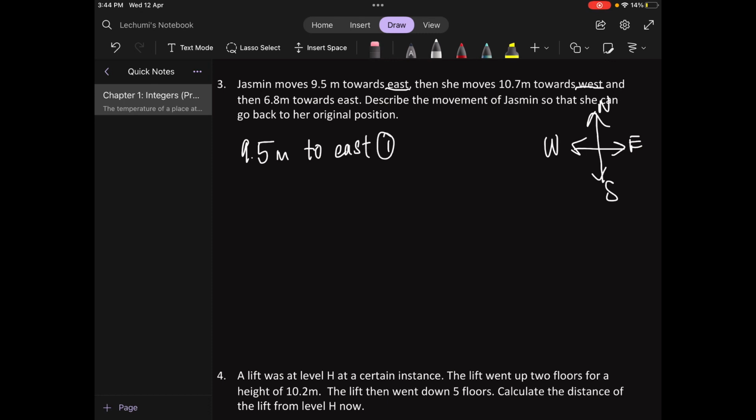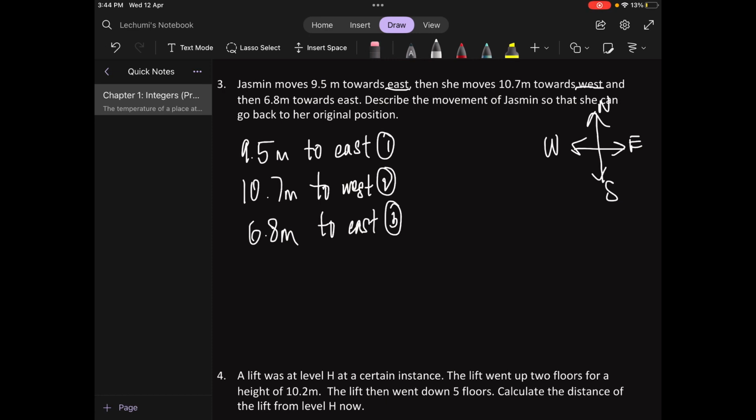Second step will be 10.7 meters to west. Then the third step and the final step is 6.8 meters to east. So describe the movement of Jasmine so that she can go back to original position. So before we see that, we have to know where she is standing right now.